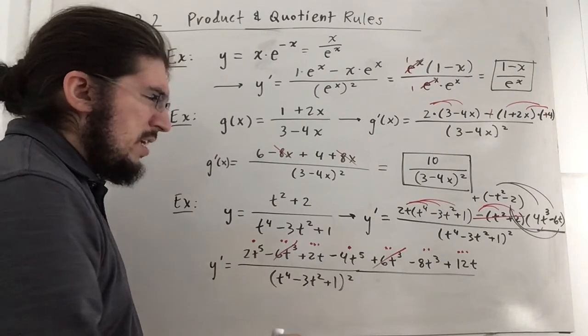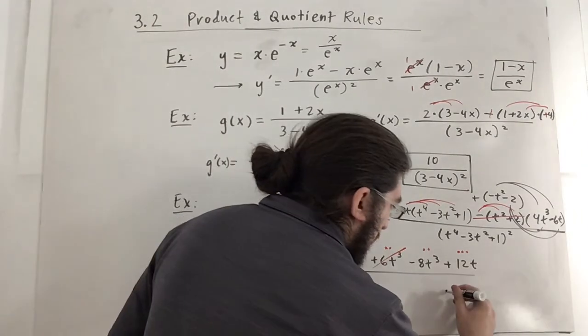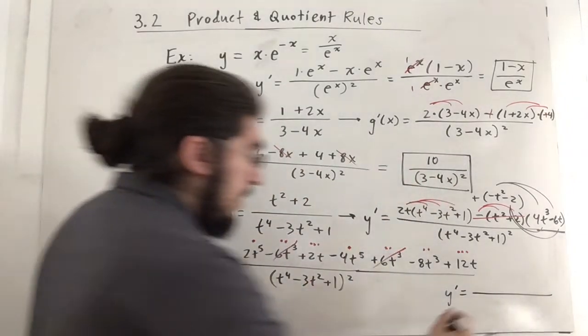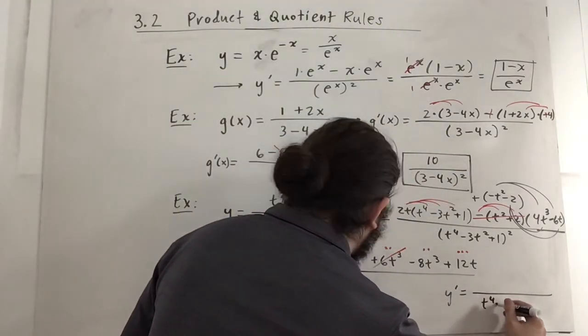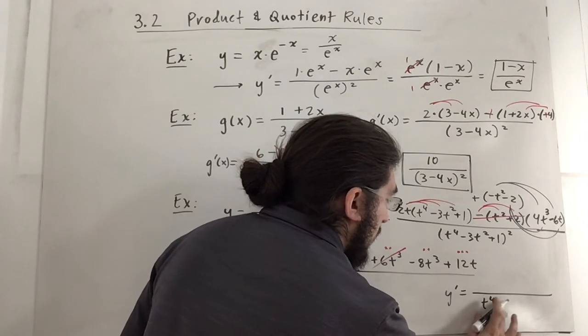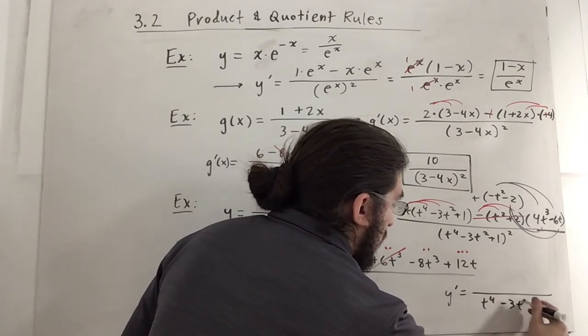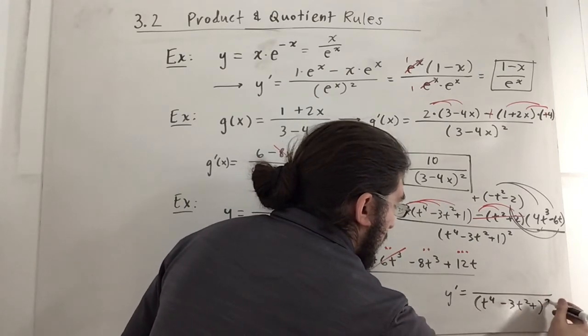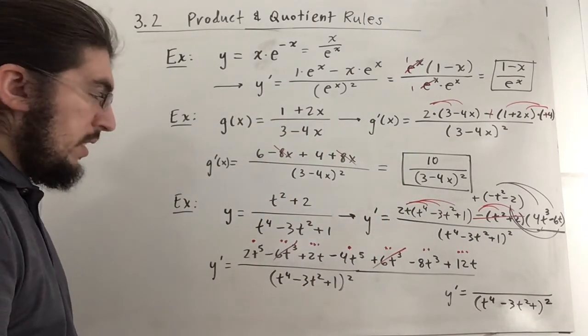So I think we probably have space here. So now our answer, y prime, is all over this squared. So t to the 4th minus 3t squared plus 1 quantity squared. Okay, sorry about the spacing there. Hope you can see that.